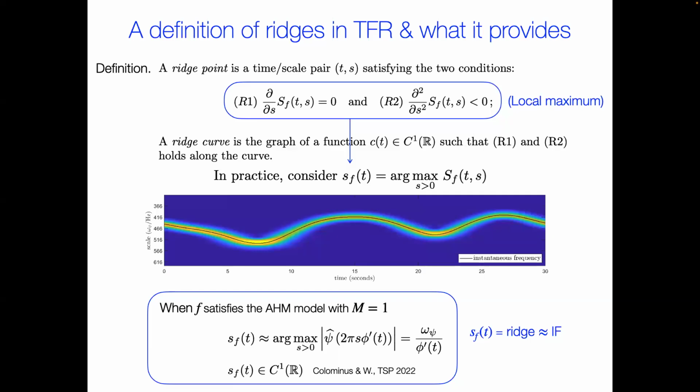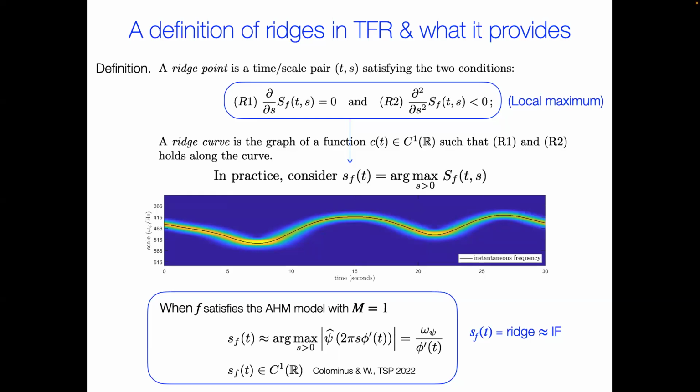And luckily, when there is no noise and you only have a deterministic signal, things become quite good. By the derivation I gave you in the last slide, this ridge s f is roughly approximate to psi hat of 2 pi s phi prime, so that this is inverse to the instantaneous frequency.